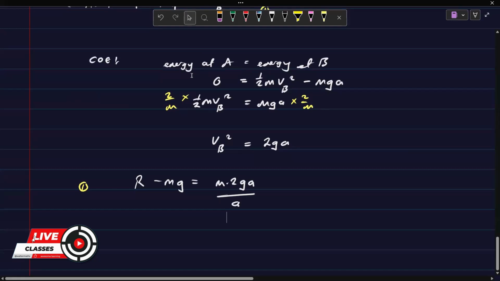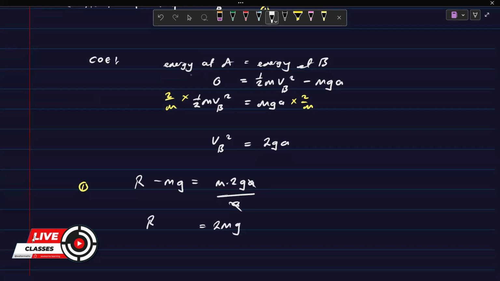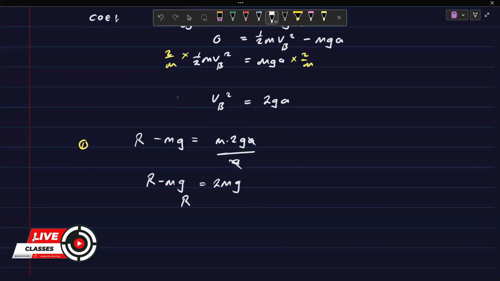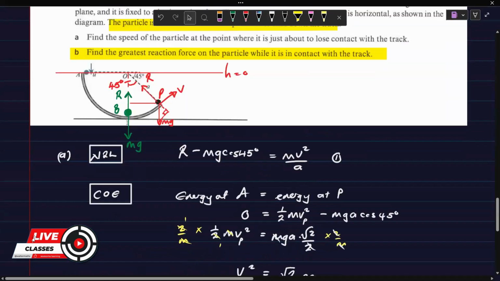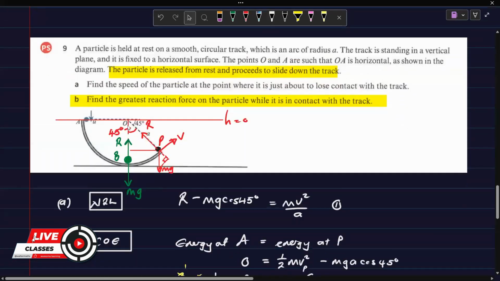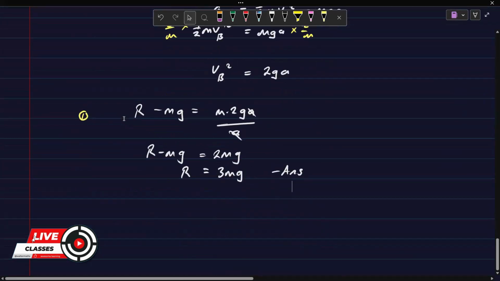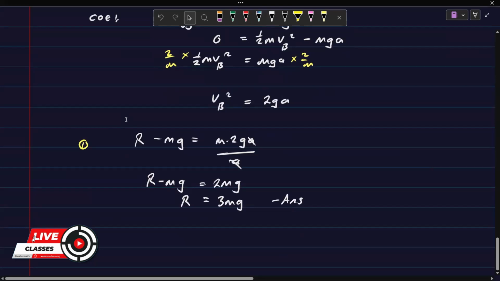These will cancel and we're left with 2mg. So R minus mg is equal to 2mg, and R comes out as 3mg. And this is the answer. That's the maximum reaction force as required by the question, the greatest reaction force on the particle. So that's 3mg, and that's basically how we would answer such a question.